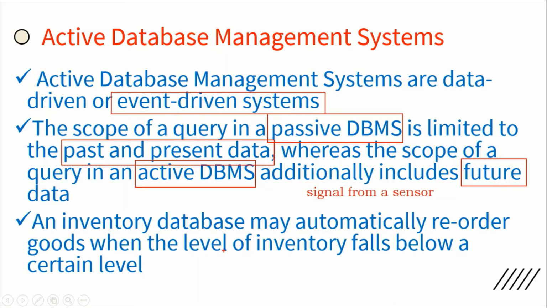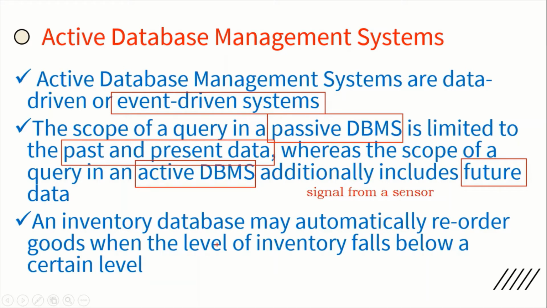For example, in some online marketing or online shopping systems, if there are 10 tiffin boxes and all the tiffin boxes are sold, then it automatically reorders the goods.